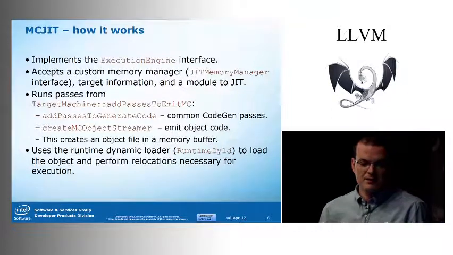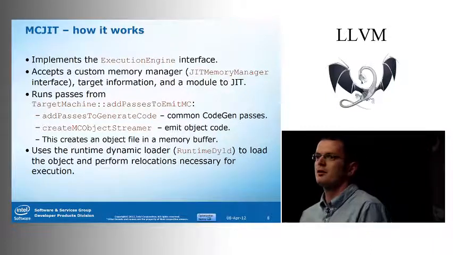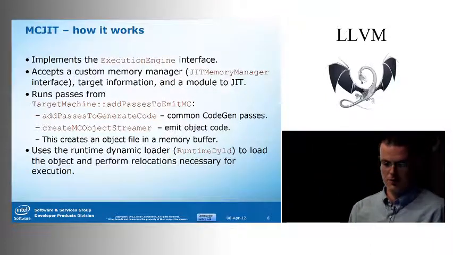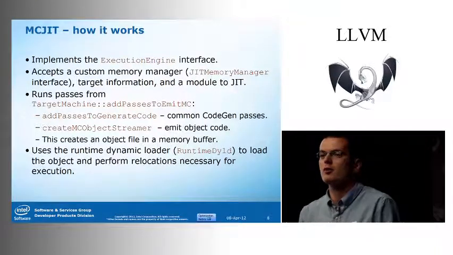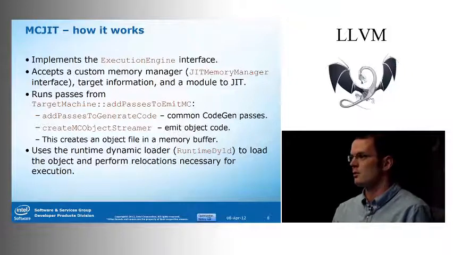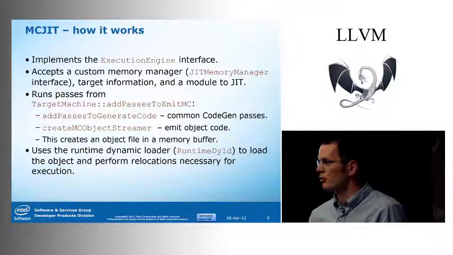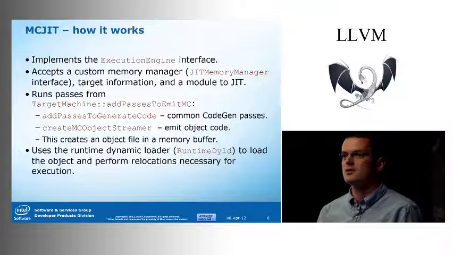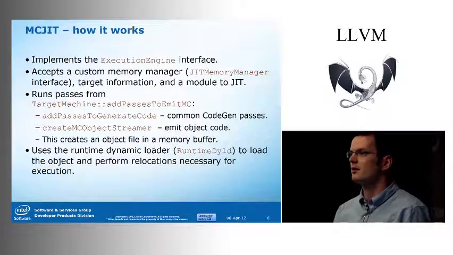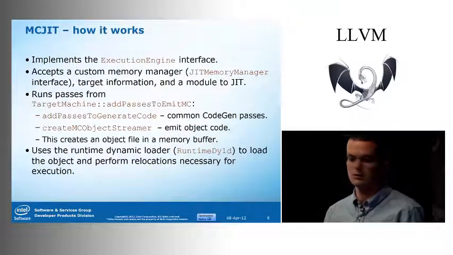What it basically does is run the same passes the static MC path runs, but eventually it creates an object file in memory. I will focus here on ELF, which is what we do, but it applies the same for other object formats as well. And at the last step, it uses a module called the runtime dynamic loader that performs the dynamic linking and loading of the code and enables it to run.